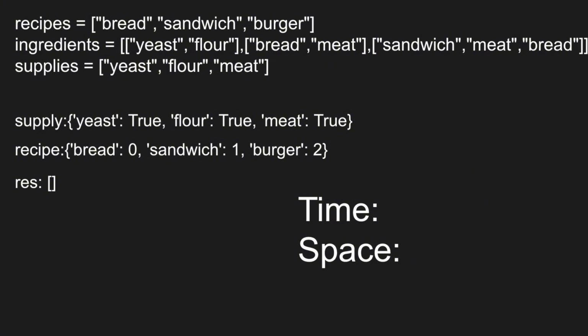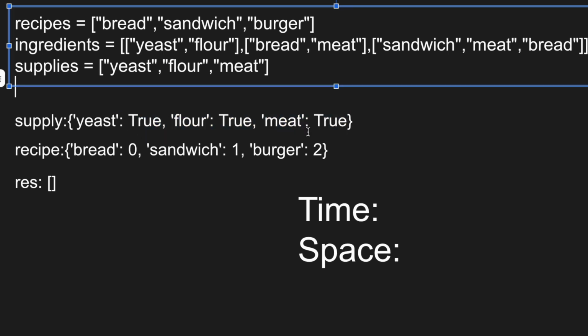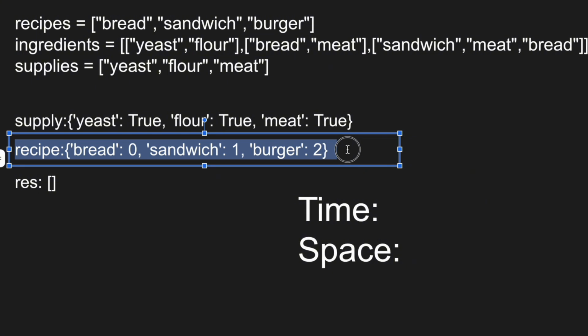So how we can solve this problem is first we will make a supply hash map which would match the supplies that we have, and it will all be initialized to true. And we will also make a recipe hash map which will match the recipes input array that we are given, with the food as the keys and the index as the values, so it can correspond to ingredients.